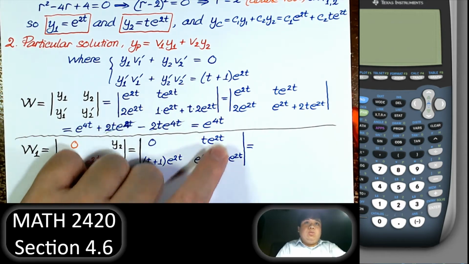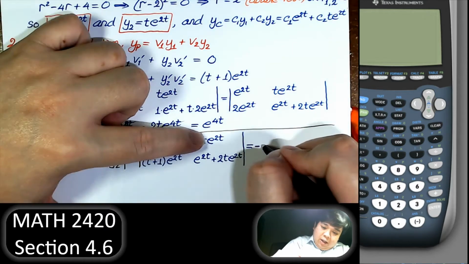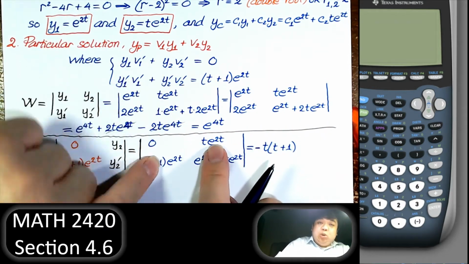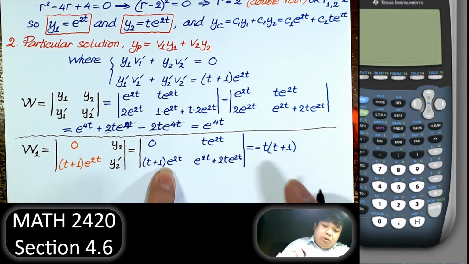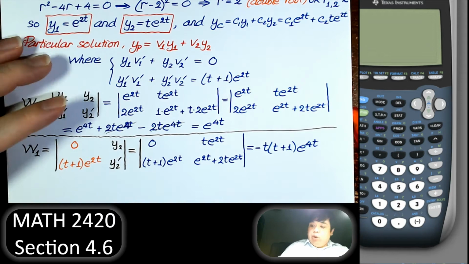Well, cross multiply and subtract, so this will be negative t times t plus 1 e to the 2t times e to the 2t is e to the 4t. That is W1.